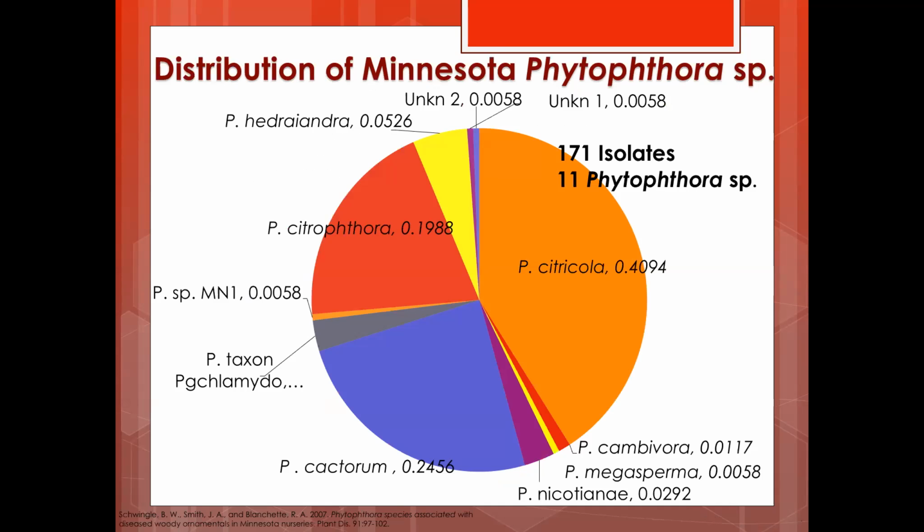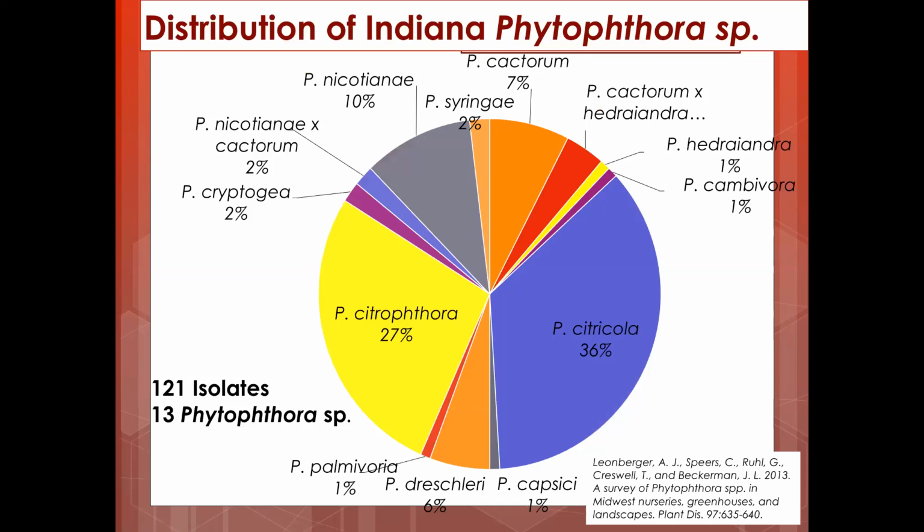This is very different than what was found in Minnesota, where they identified fewer isolates of Phytophthora, but came up with 11 Phytophthoras, some of which were never identified because they were simply unknown. And then we did this work in Indiana, and with even fewer isolates, we found 13 species of Phytophthora, and lo and behold, some of them were actually hybridizing with each other.